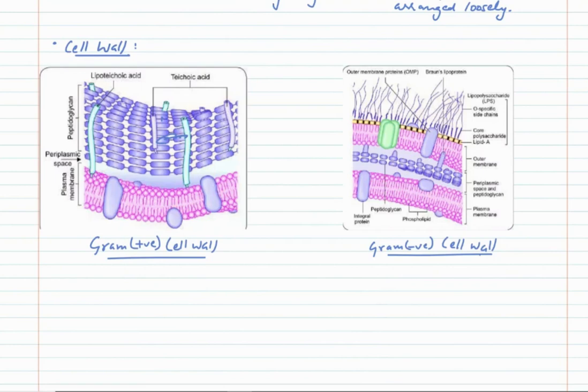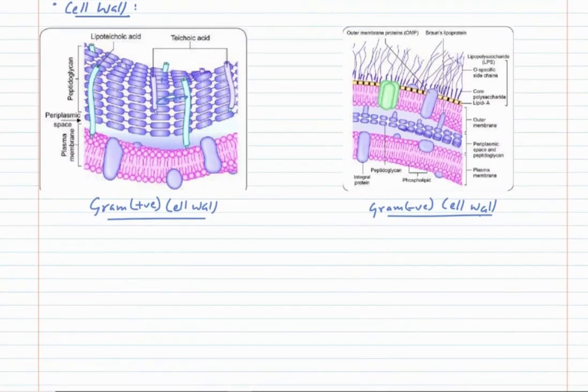Now in a gram-positive cell wall, there is a thick layer of peptidoglycan.